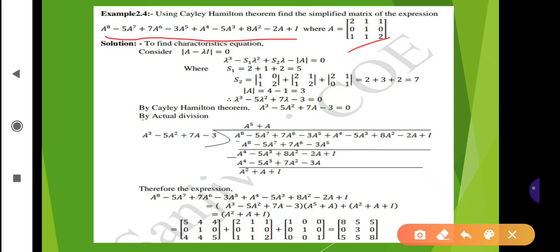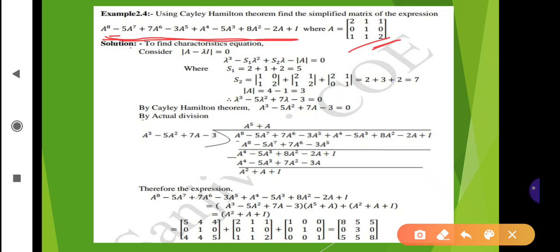Now, we have the matrix A, and by using the statement of Cayley-Hamilton theorem, we have to simplify this expression.